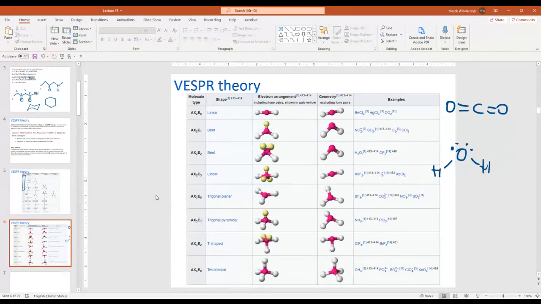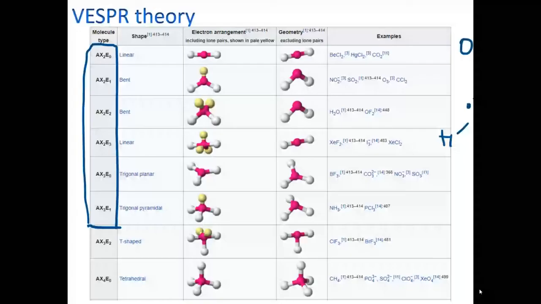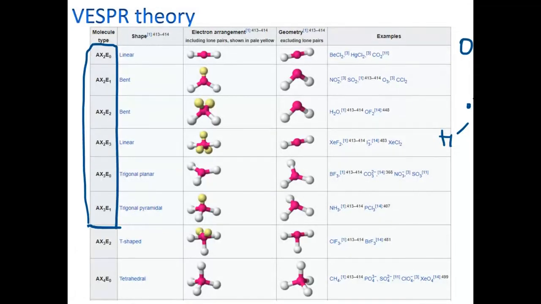So basically, from this particular table, we are interested in that part of the table. I don't know if this is going to help too much.